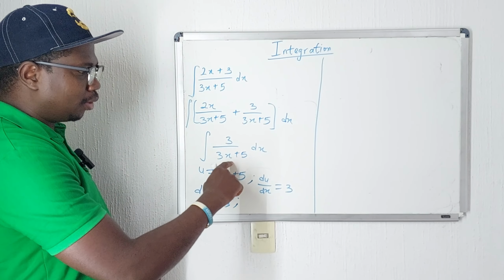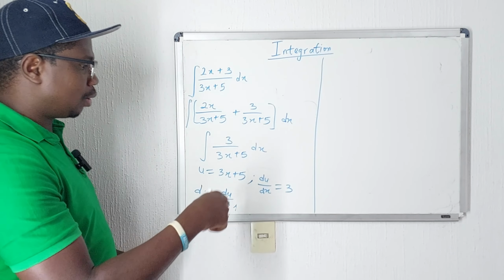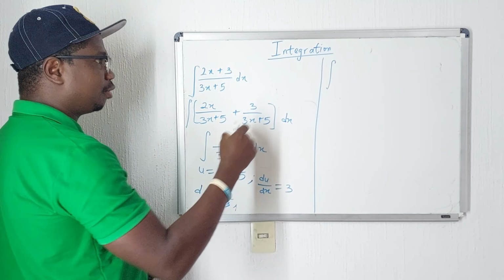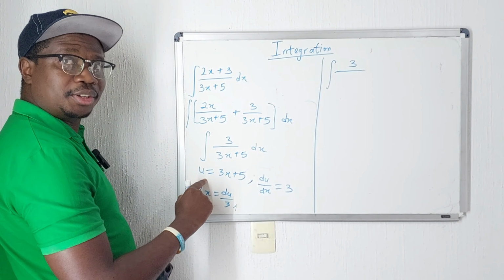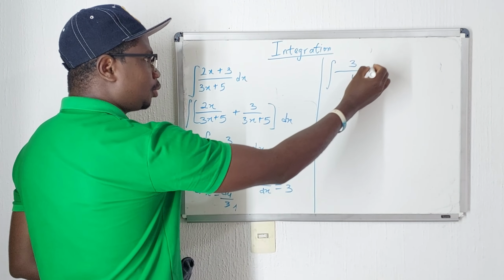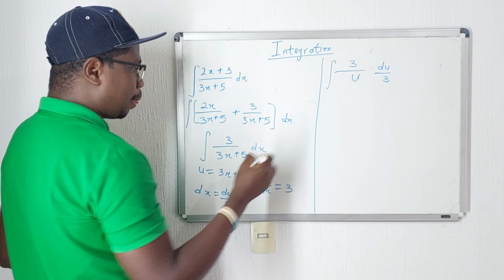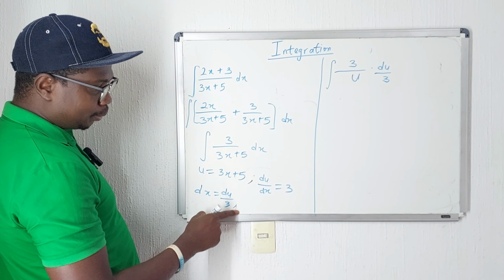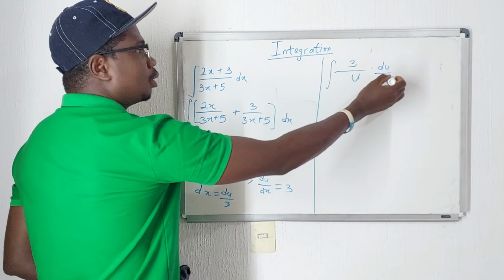Then I don't need the value for x because there is no x here, so I can just continue with my integration. So I'm going to have the integral of 3 over, what is my 3x plus 5? u, dot du over 3, because my dx, I'm going to substitute my dx for du over 3.